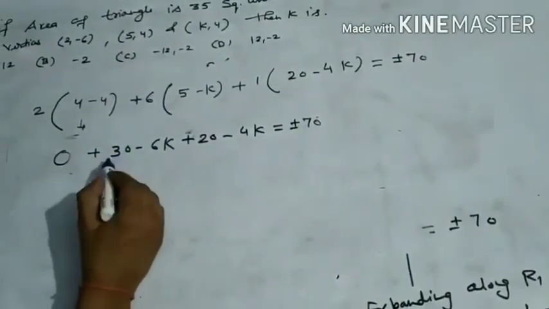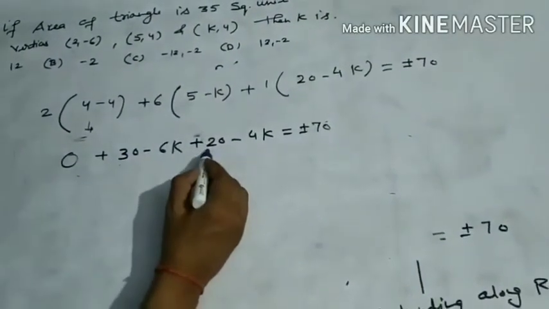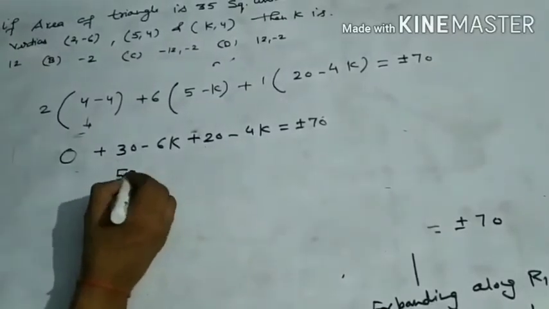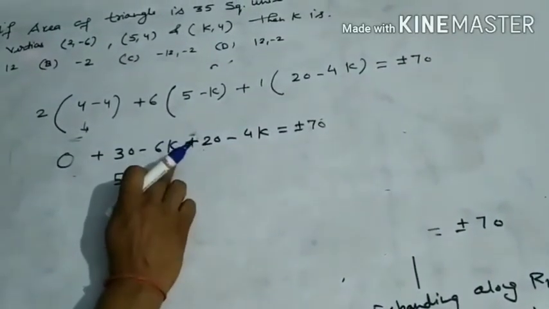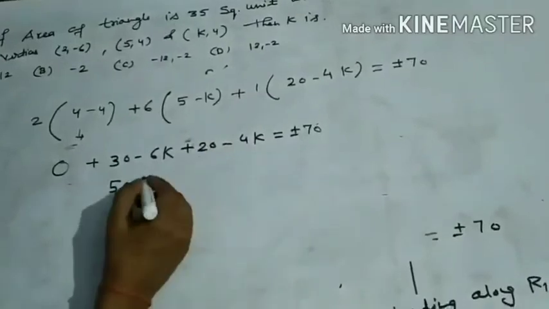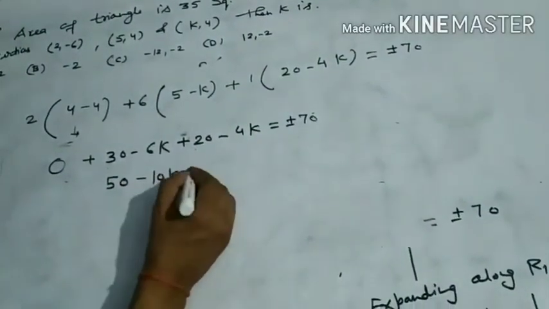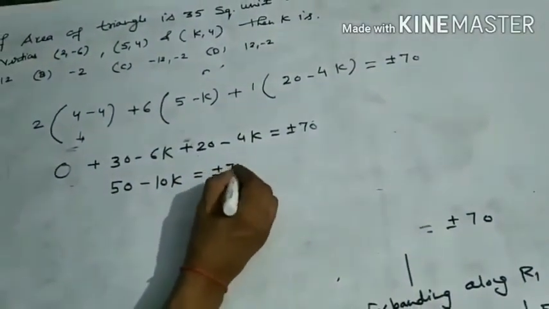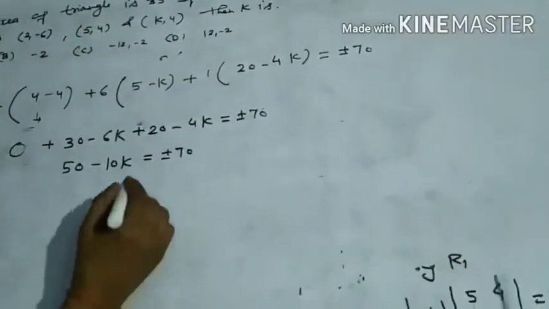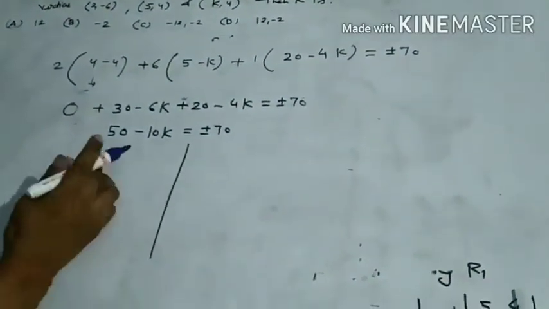Here you see plus 30 and plus 20 means 50, and minus 6k and minus 4k means minus 10k, equal to plus or minus 70. Again, two possibilities are there, when we take plus and when we take minus.